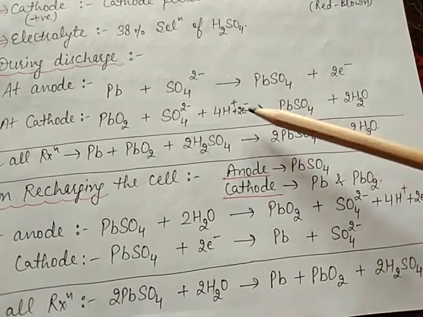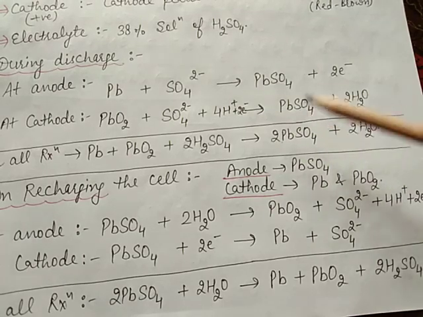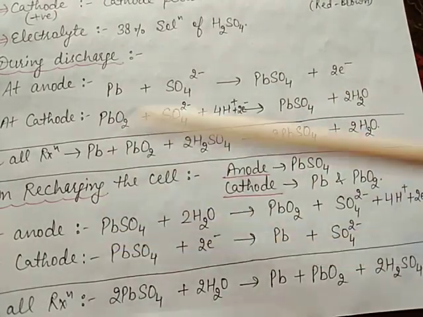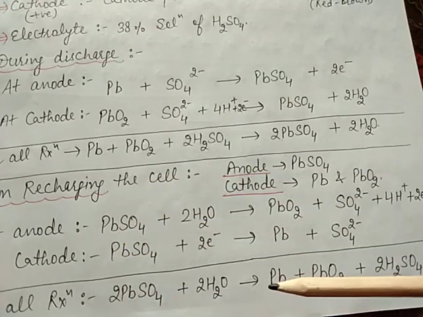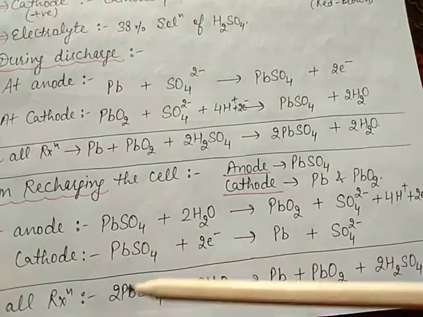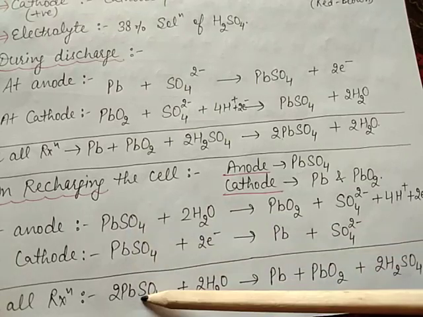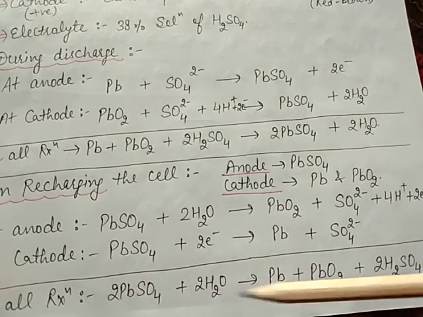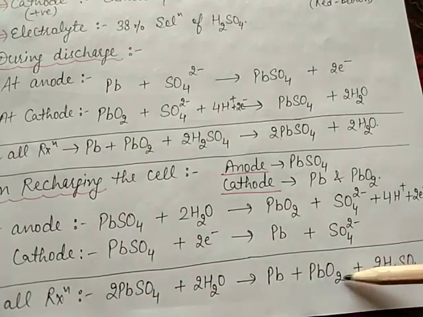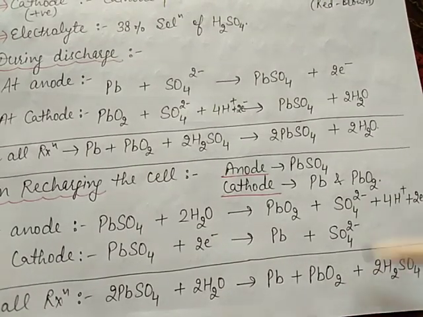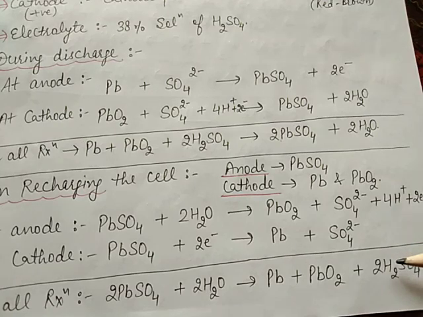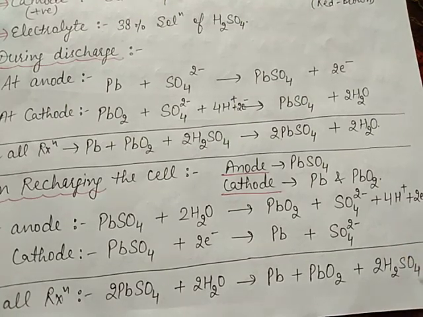This reaction is reversed: anode becomes cathode and cathode becomes anode. After that, the overall reaction, 2PbSO4 plus 2H2O gives Pb plus PbO2 plus 2H2SO4. This is the overall reaction of the lead acid battery.